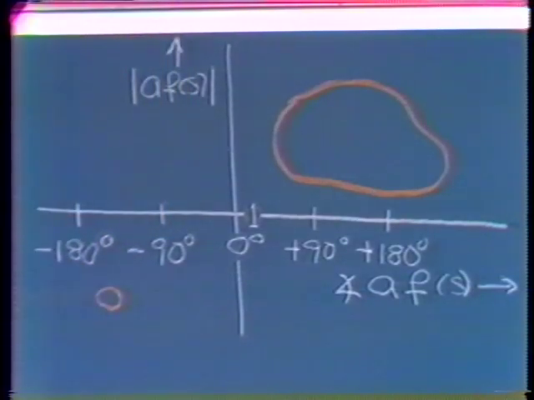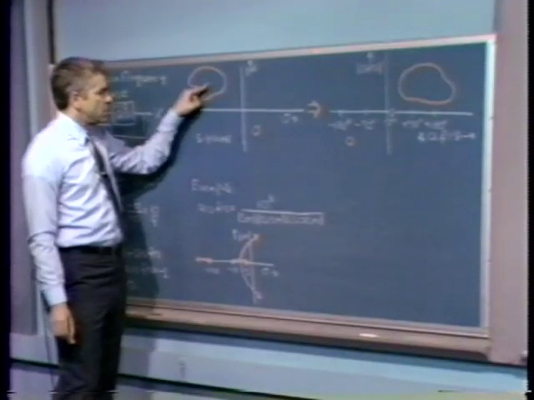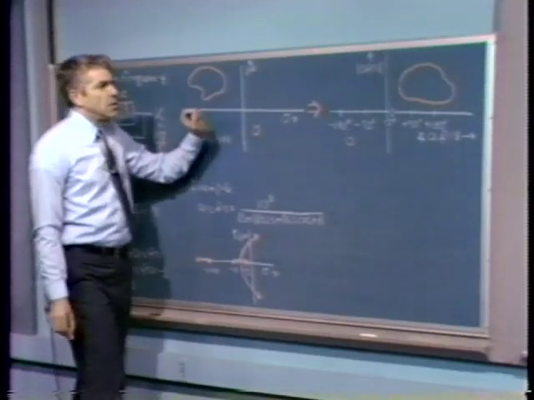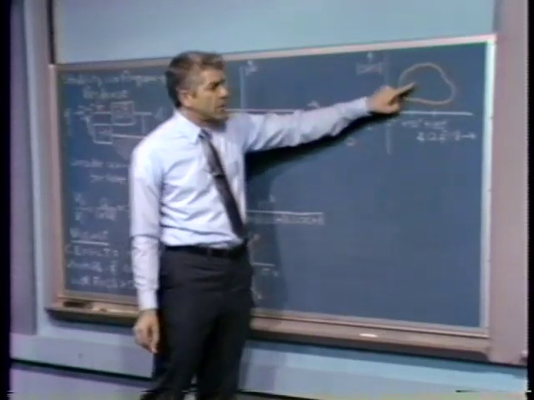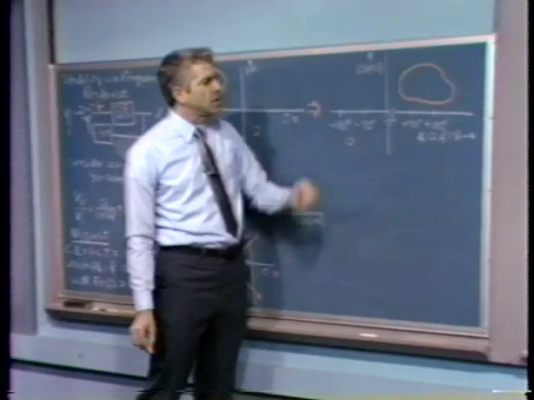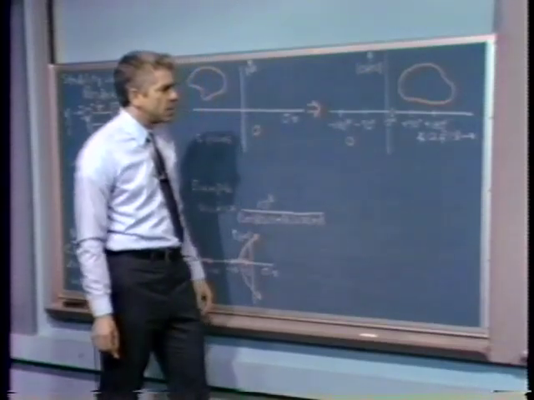Furthermore, all values of S that lie to one side of this contour in the S plane lie on one side of the contour in the AF plane. There's an issue of insidedness, outsidedness here, and we have to investigate that separately.